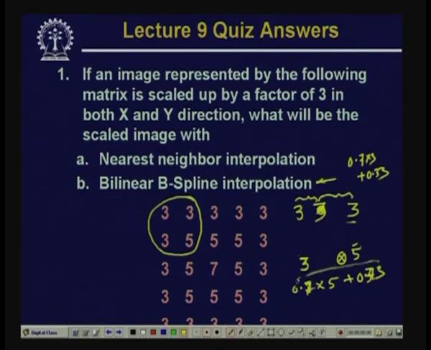If I compute this, I can find out what will be the value at this particular location. Using similar procedure, I can find out the values at all the points where I do not have any information in the transformed image, all such blank positions where there is no value.